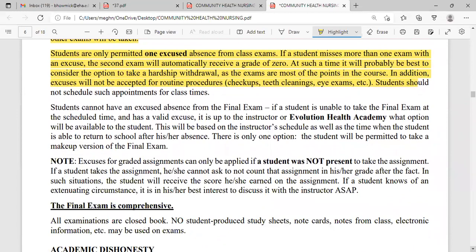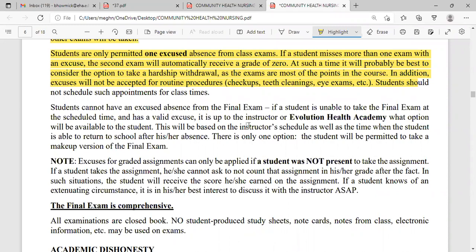So the instructor can decide which day, but you have to provide all of the documents related to this. Students are only permitted one excused absence from a class exam. If a student misses more than one exam with an excuse, the second exam will automatically receive a grade of 0. At such a time, it will probably be best to consider the option to take a hardship withdrawal.